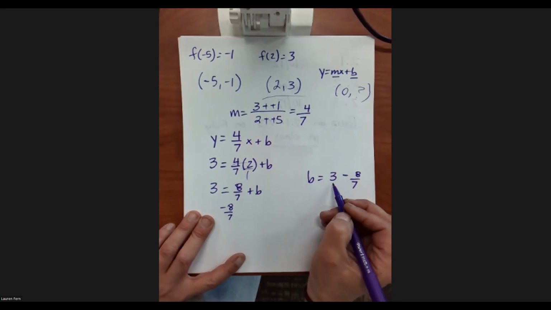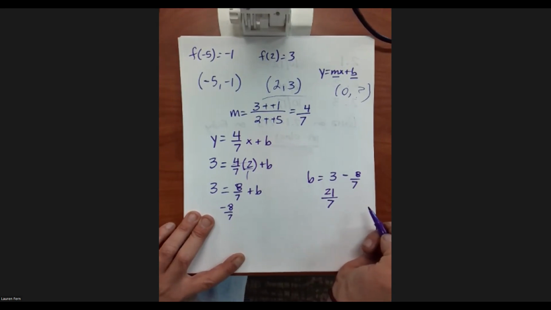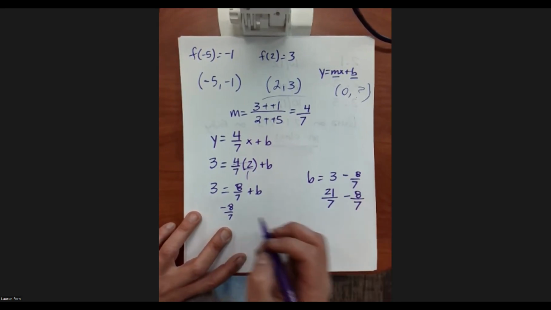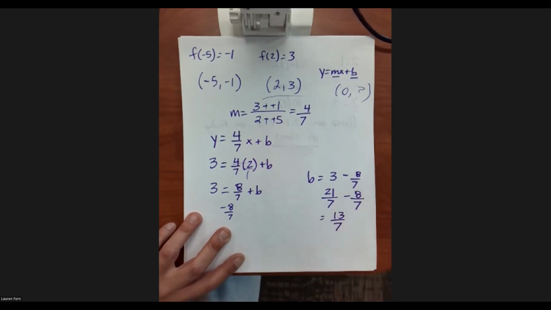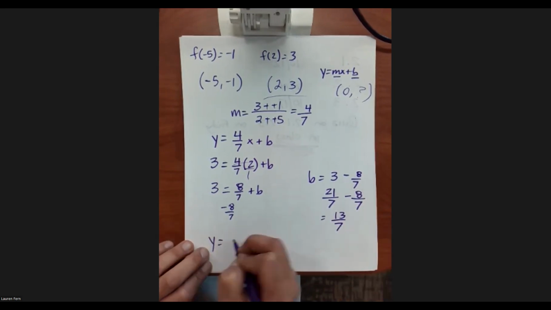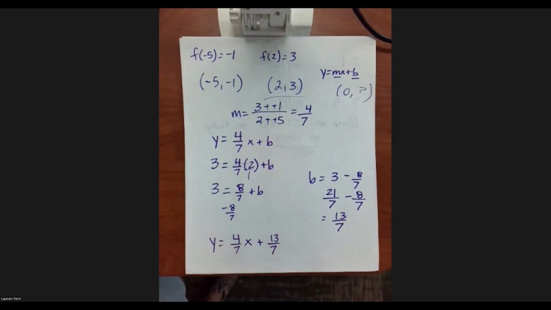Well, what we should do is write 3 with the denominator of 7. Do you agree 3 is 21/7? And 21/7 minus 8/7 is 13/7. So the equation of this line is 4/7 x plus 13/7.